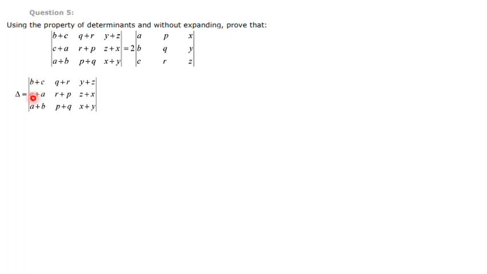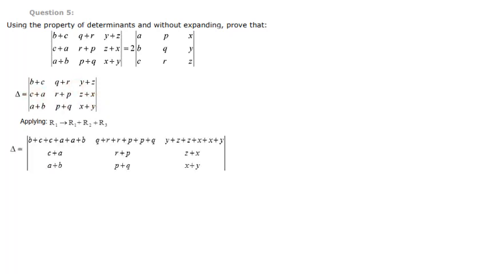Here, B plus C, C plus A, and A plus B: when I add them, I will get 2A, 2B and 2C. Same thing in this row also, and this row also. So my first operation is R1 changes to R1 plus R2 plus R3.